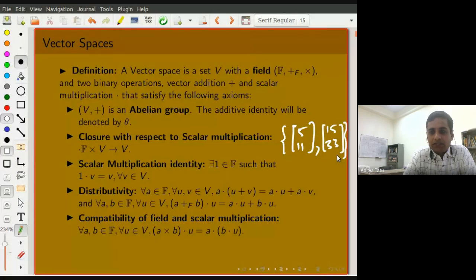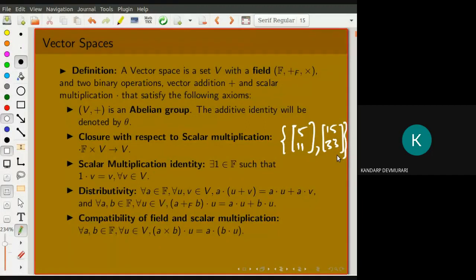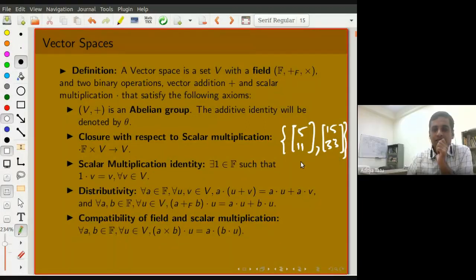But if I assume that you are familiar with the usual addition in R2 and multiplication by a scalar with an element of R2, then do you think this set that contains only these two elements will form a vector space?